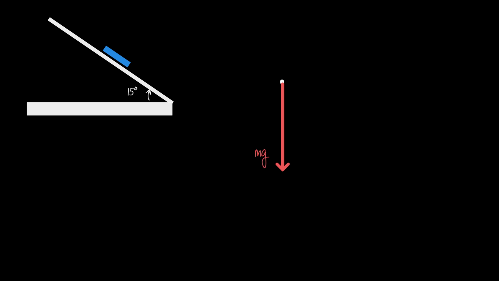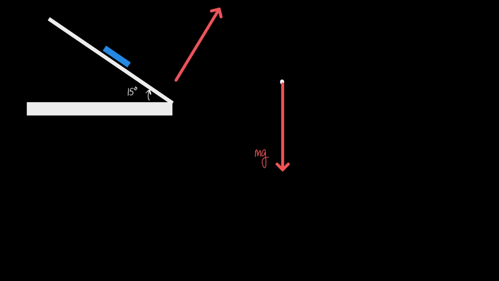Is there anything in contact with the calculator? The book. What kind of force does the book apply to the calculator? A normal force. I don't get a choice on how to draw this. I have to draw a force that is perpendicular to the surface of the book. Is that perpendicular?